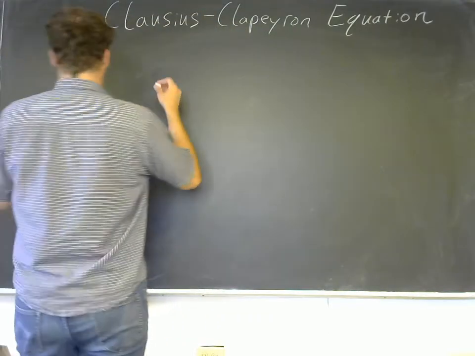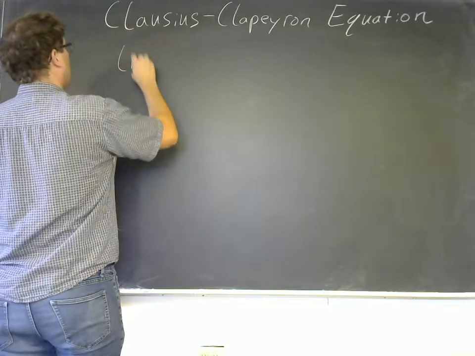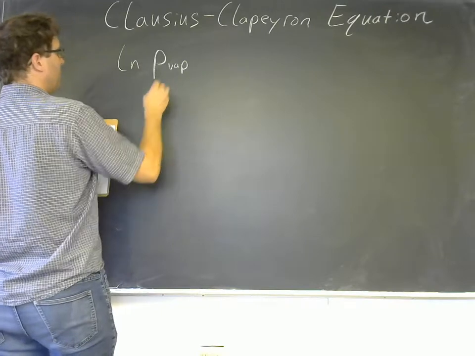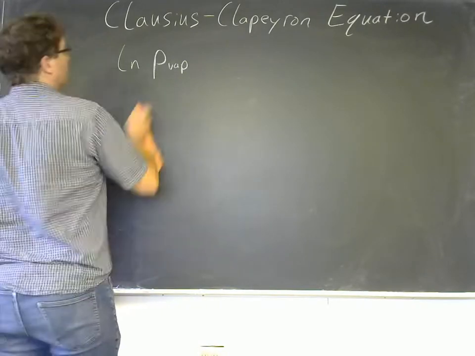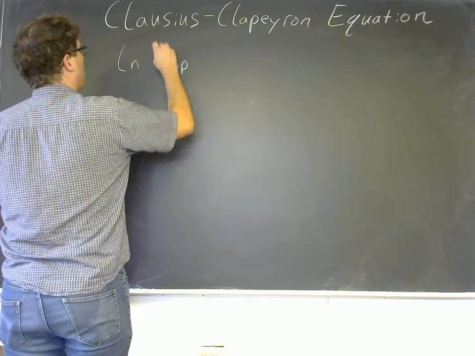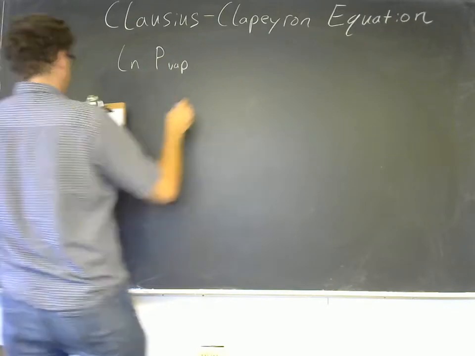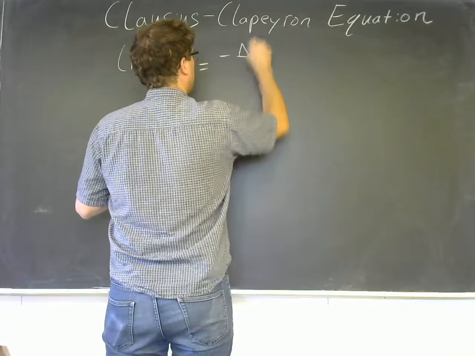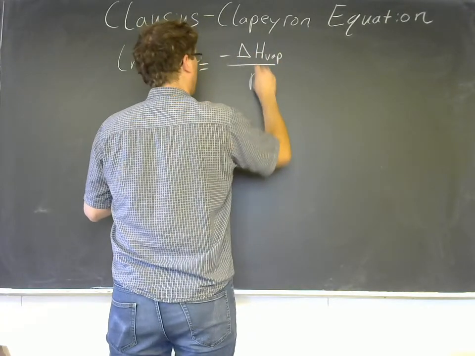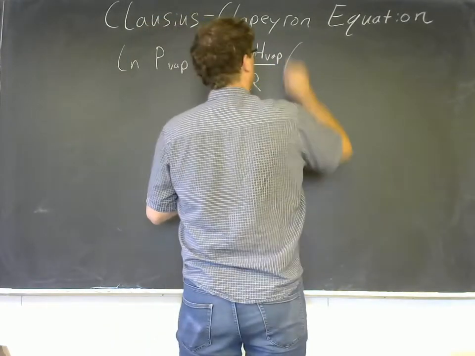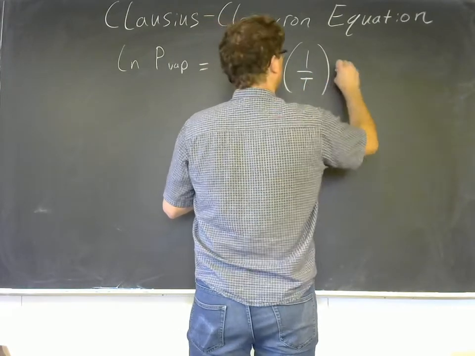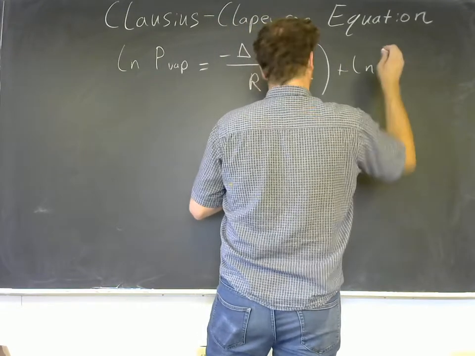So one of them says that the natural log of the vapor pressure, sorry, that's a pressure, let me make it a capital P, the natural log of the vapor pressure is equal to negative delta H of vaporization over R times 1 over T plus the natural log of beta.